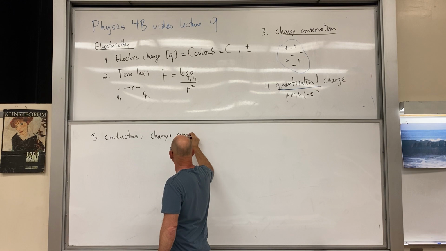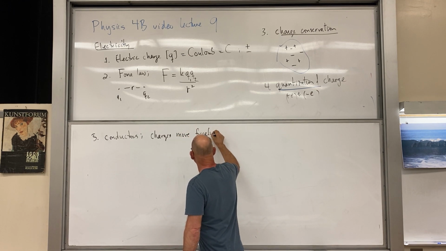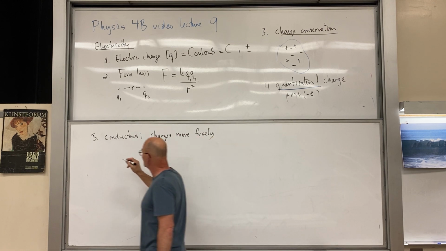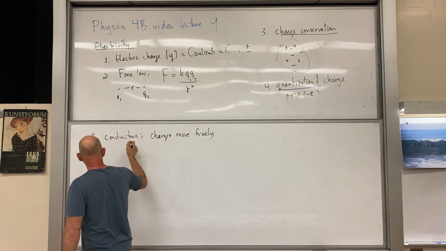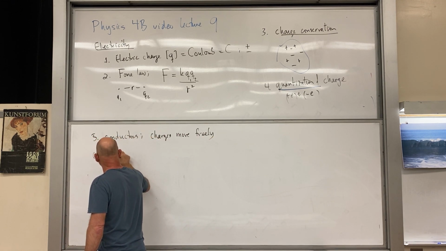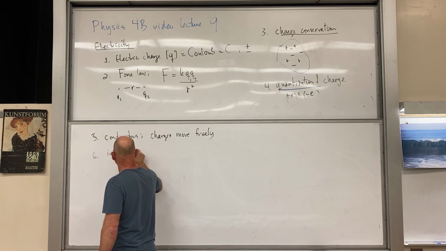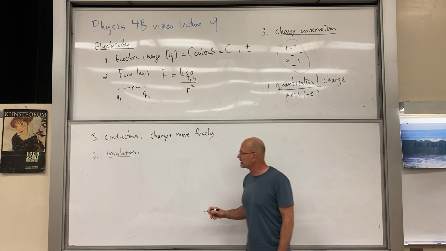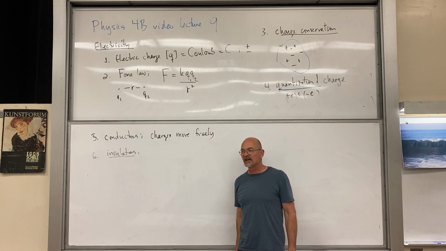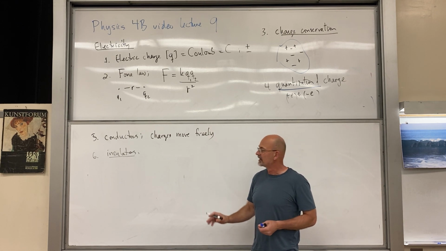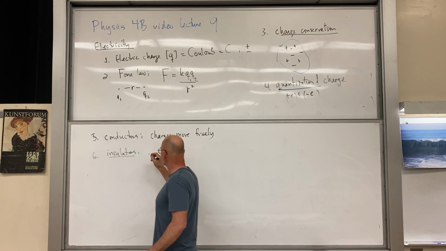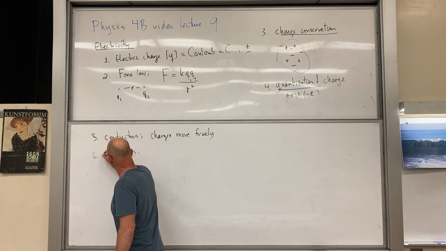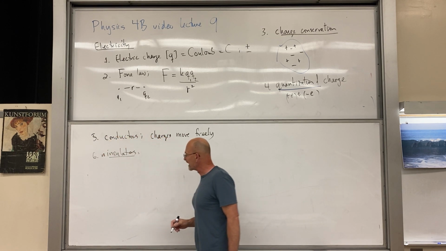Insulators, charges do not move freely. So in insulators, charges are essentially fixed. If you add some charges to an insulator, they won't move around that much. So conductors, charges move freely, versus insulators where that's not the case.